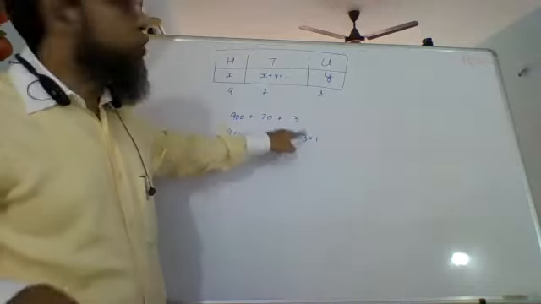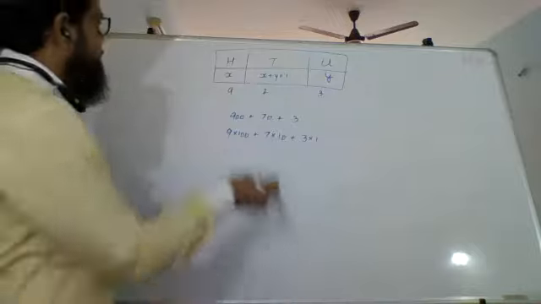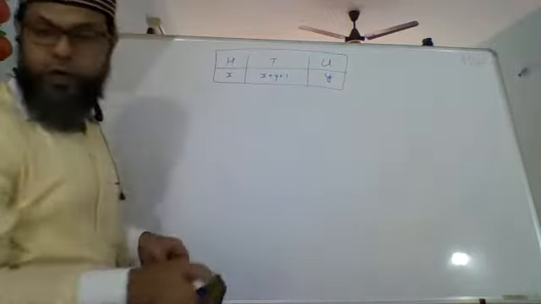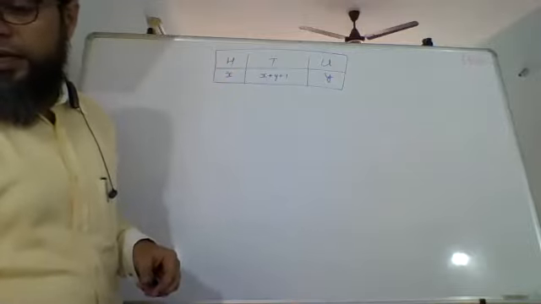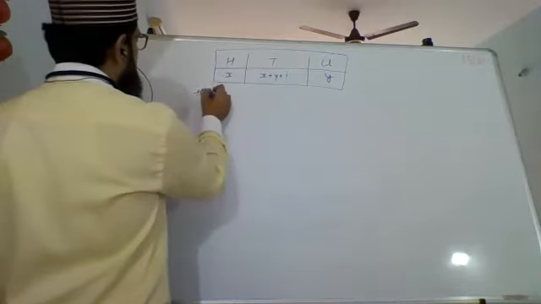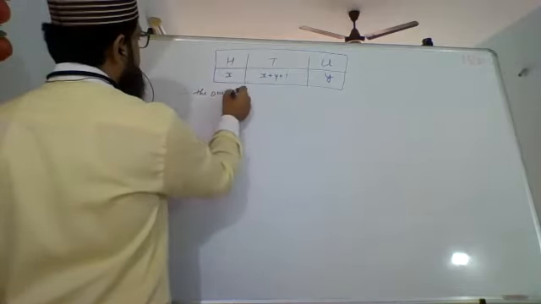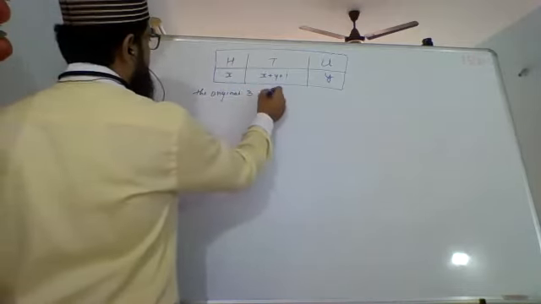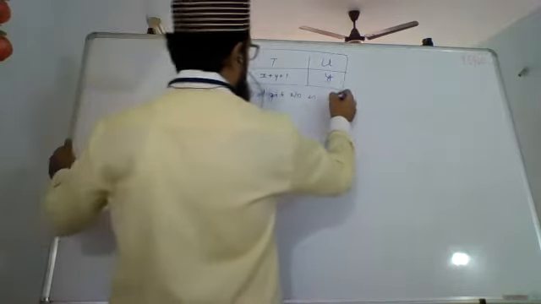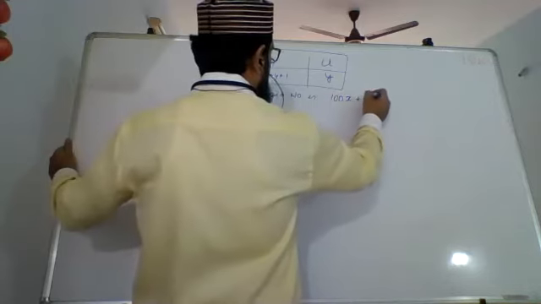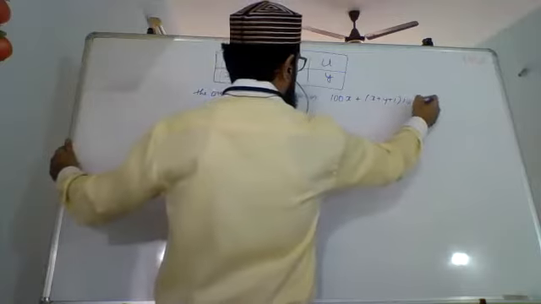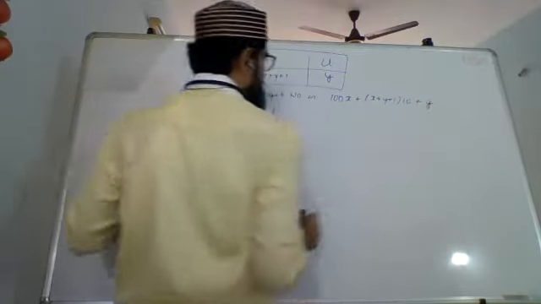Is that clear? So if these are the digits, therefore the original 3-digit number is 100x plus (x plus y plus 1) into 10 plus y.